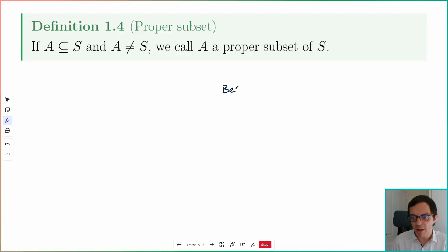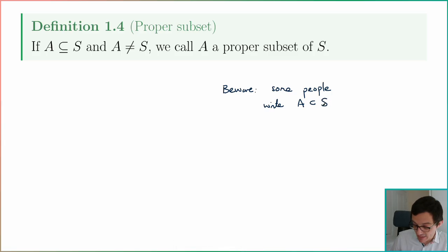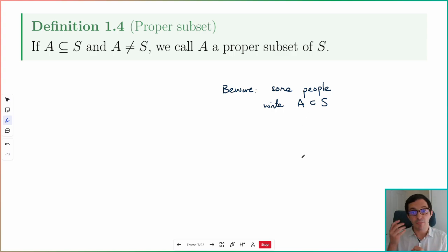So beware, some people, actually I think including me, write A and then this symbol again for this idea of a proper subset. So if you see that symbol, you don't know on its own whether that's one of the people who write that symbol for a subset or for a proper subset.